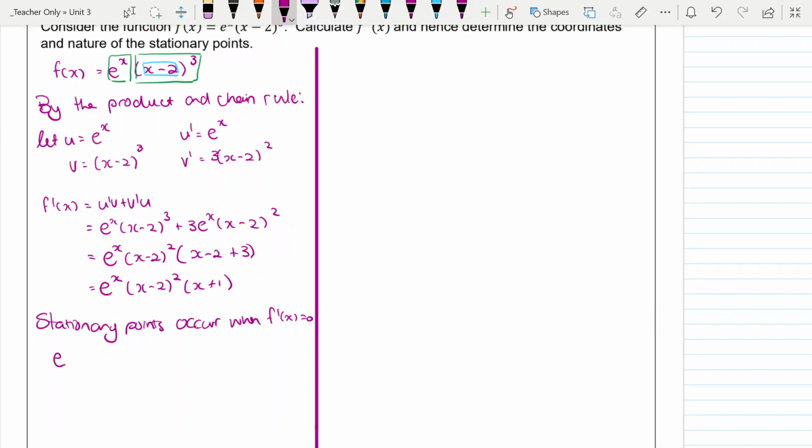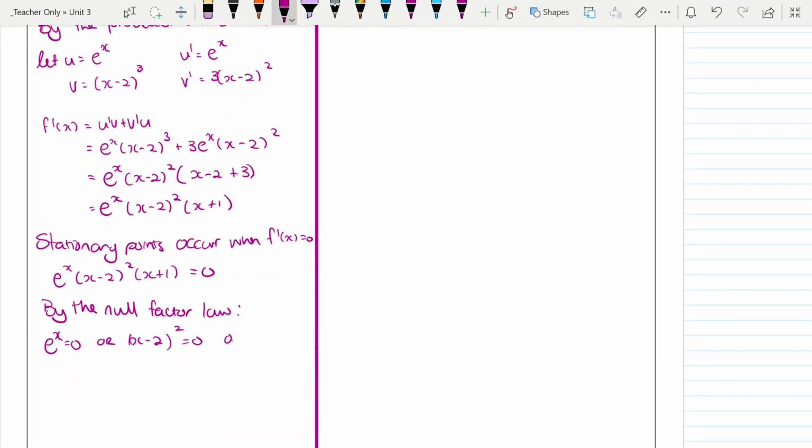So now what I have is e to the x, (x take 2) squared, (x plus 1) equals 0, and we can use our null factor law. And we have that e to the x equals 0, or (x take 2) all squared equals 0, or x plus 1 equals 0.